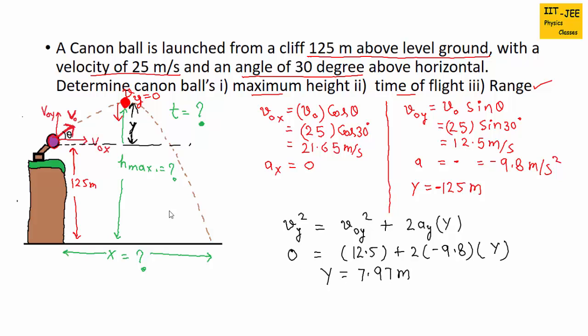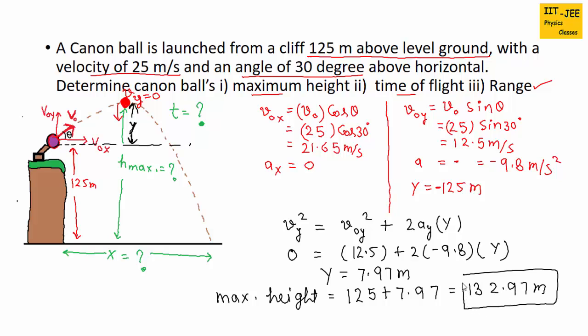This is the vertical displacement of the ball from the initial position, meaning this y. To find the maximum height, we need to add the initial height of the ball. We need to add 125 meters to this y to find the total maximum height. So 125 plus 7.97 will give us 132.97 meters. So this is our maximum height of the ball.